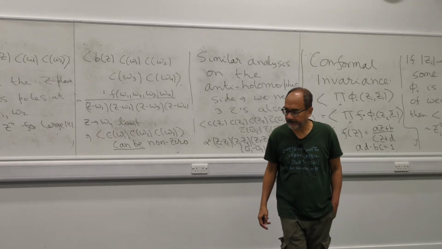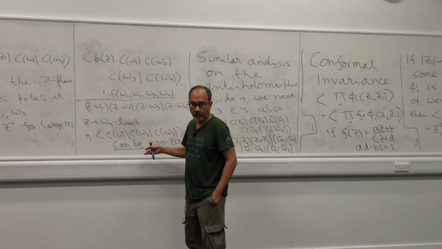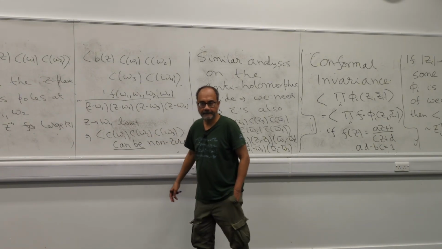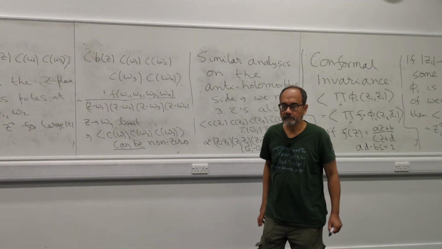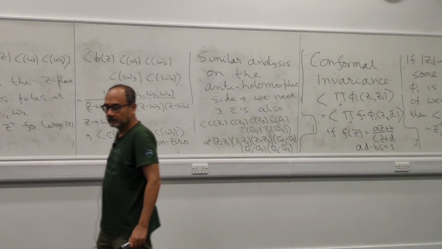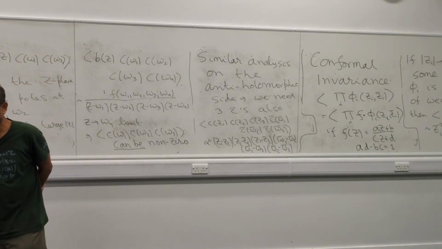This is why here it can be non-zero, but it is actually zero unless we also have the c bar's. There is a ghost number anomaly that you can use to also prove that the total number of c's, the total ghost charge, has to be 3 in order to get a non-zero answer.